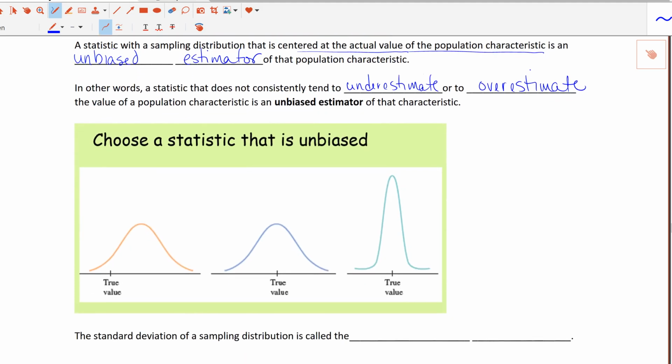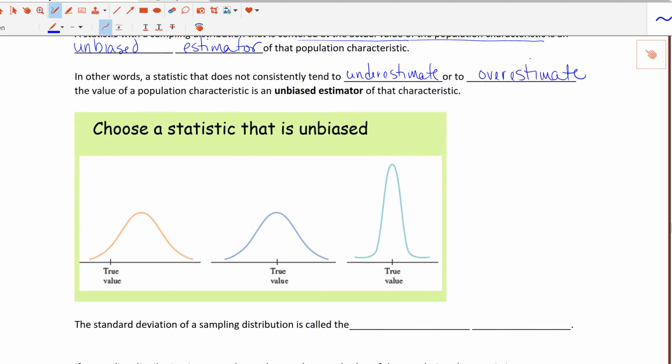Okay, so which of these looks like an unbiased estimator to you? Is the mean of the distribution at the true value of the population characteristic? No. Here it is, and here it is.